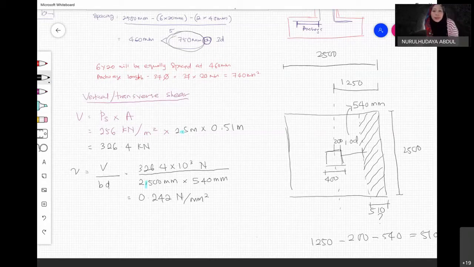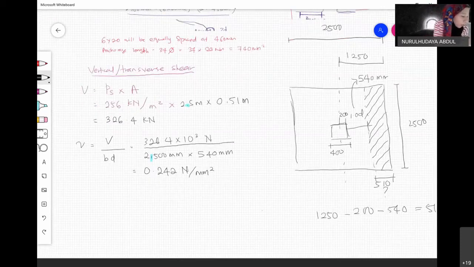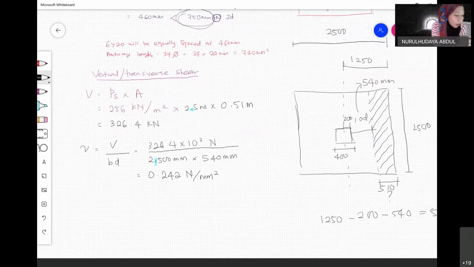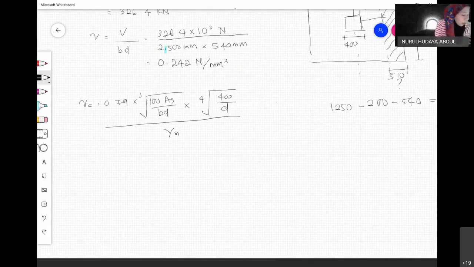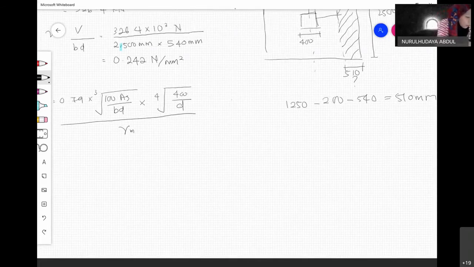And then we will need to check VC, because we need to compare the value of shear stress for this vertical or transverse shear, whether it is bigger or less than VC. Okay, so we check VC. VC is equal to, as usual, the long formula. As usual, 100 AS divided by BD, we do this outside so that we don't get confused. 100 AS divided by BD. Okay, so 100.